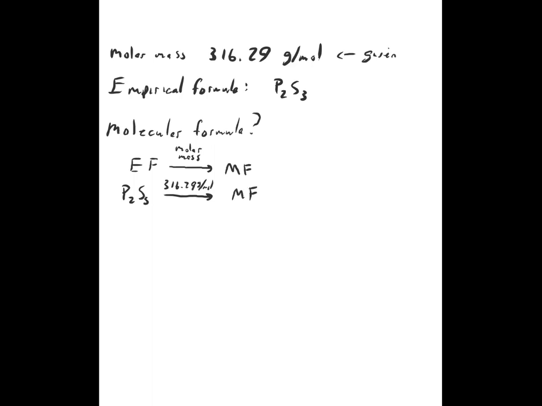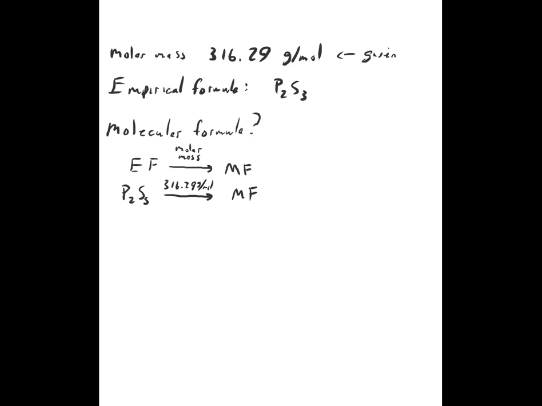Before I do that calculation, I want to show you quickly what the difference between the empirical and molecular formula is. It turns out that historically, chemists were able to figure out empirical formulas before they were able to figure out molecular formulas. It was a difficult step to go from the empirical to molecular. What you can do is very simple experiments.